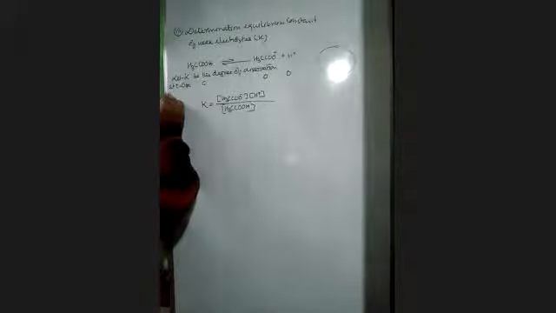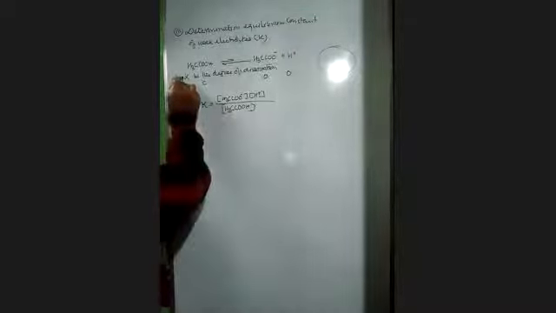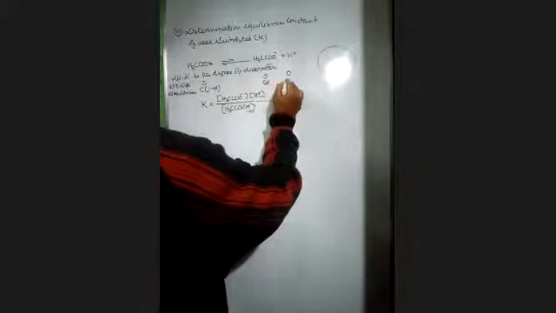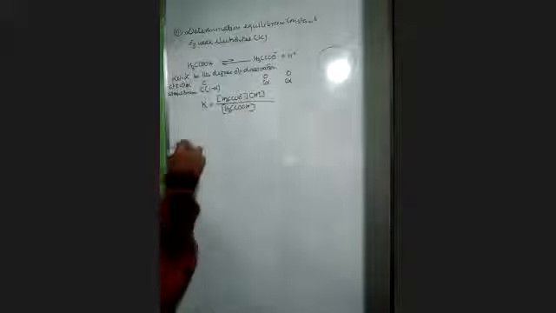Now at equilibrium, what is the degree of dissociation? Alpha. So concentration at equilibrium will be C(1 minus alpha). And here you will get C alpha and C alpha. This I have explained to you in the equilibrium chapter.